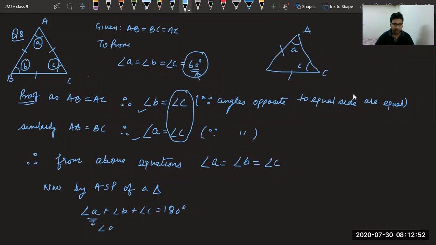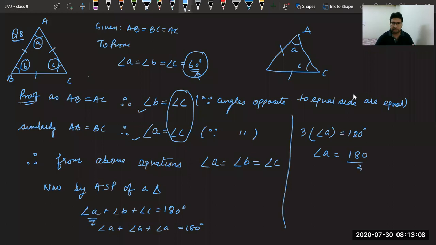So we can take angle A plus angle A plus angle A is equal to 180 degrees. Finally, it becomes thrice angle A is equal to 180 degrees, which gives us angle A is equal to 180 upon 3, that is 60 degrees. So we knew this earlier also. Very good, Ayush. Correct. You can take any angle of your choice and find that. So we can easily prove each angle is 60 degrees.